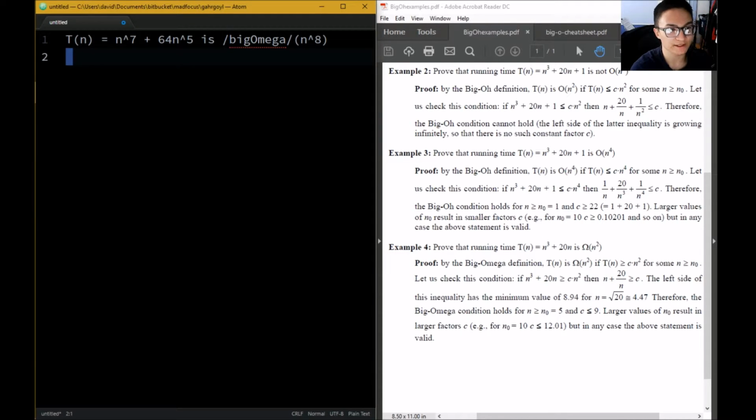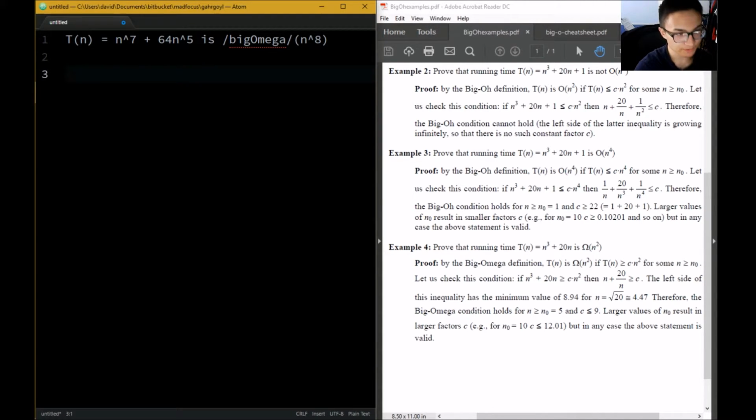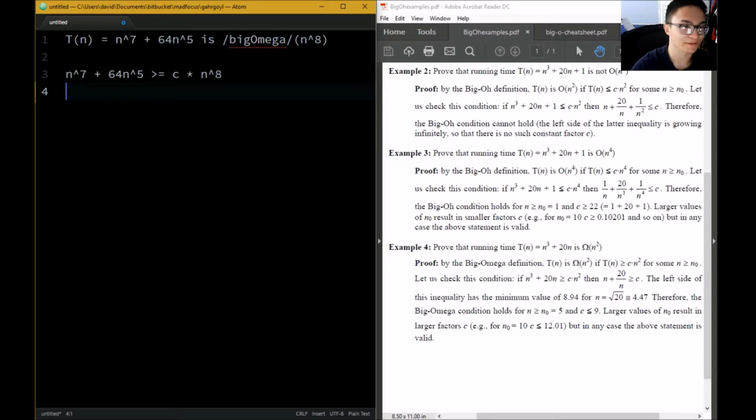We have to prove that this is such. So what we would do is plug in the equation: n to the 7th plus 64 n to the 5th is greater than or equal to c times n to the 8th, because that's what we're comparing it to. I know for a fact that this is going to be false.